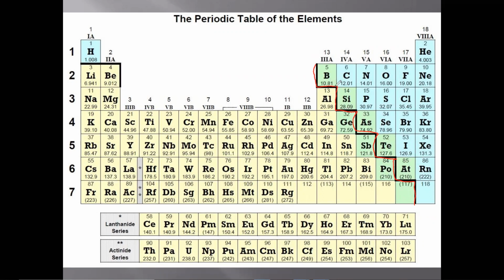Every element that's to the right of the staircase that you see in blue is a nonmetal, even hydrogen over here. I know it's all the way on the left, but it is a nonmetal. And then everything to the left in yellow, again, except for hydrogen, is going to be a metal. So if you're just looking at the periodic table, it is mostly metals.